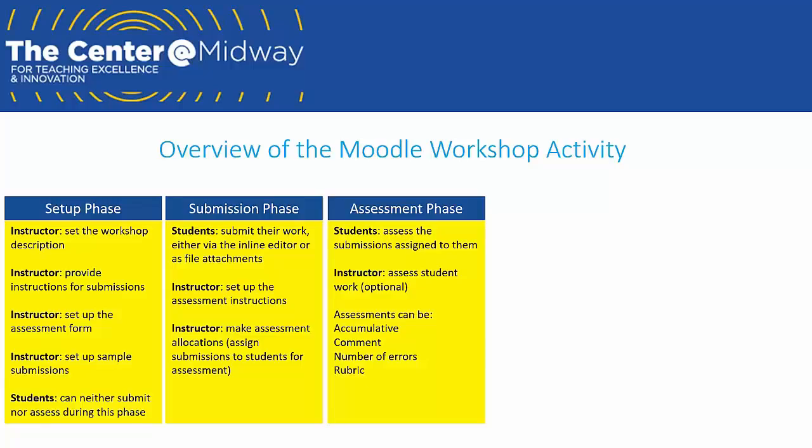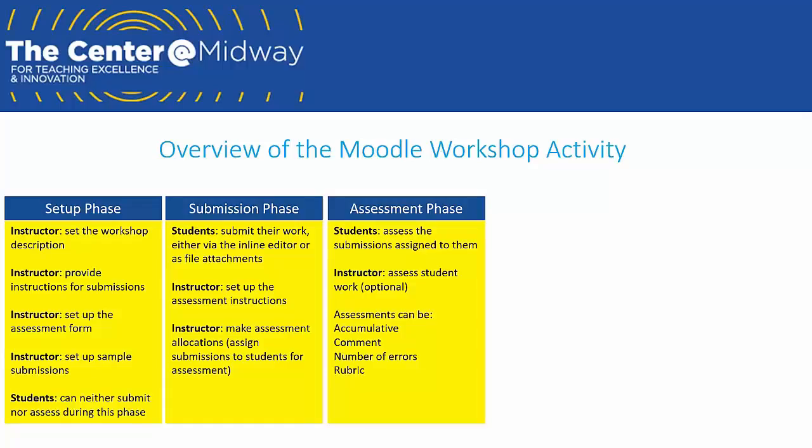So in other words, in an accumulative assessment, there might be 5 questions that the instructor has the students answer, and the students can give a number of points that the instructor defines to demonstrate how well or how poorly they think that their peers' submission meets up to the standards that the professor has defined.